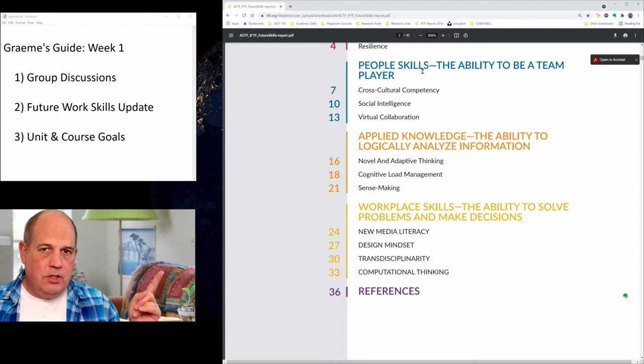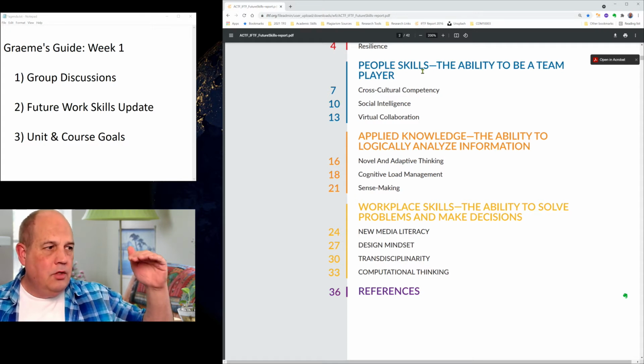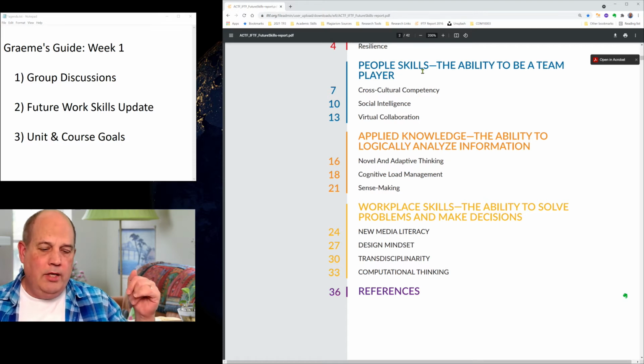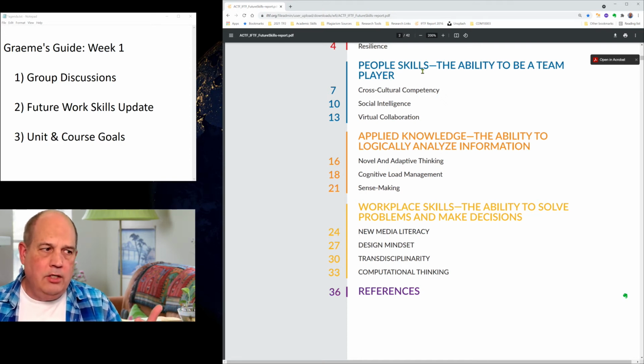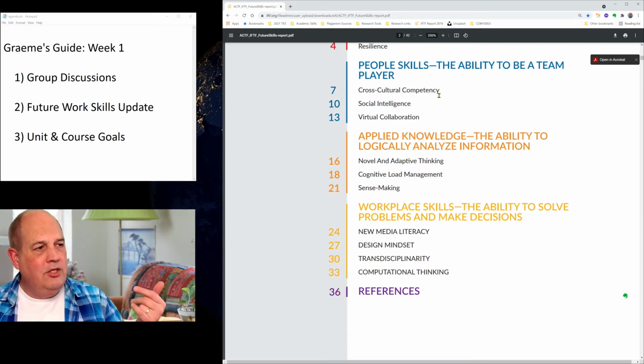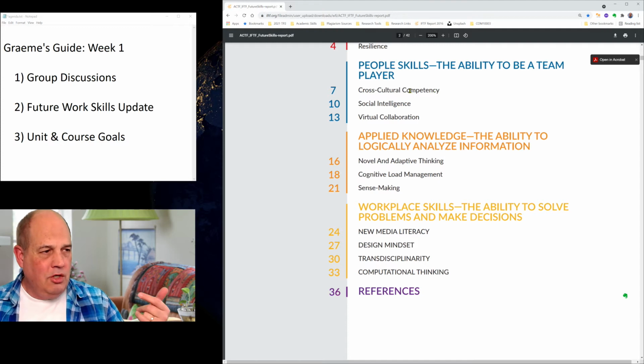In the original reading, they didn't group these future work skills together in a way that made sense. They were just all listed there. I mean, they made sense, and I really enjoyed that article. But when you think about virtual collaboration and social intelligence and cross-cultural competency, well, of course, these are people skills.